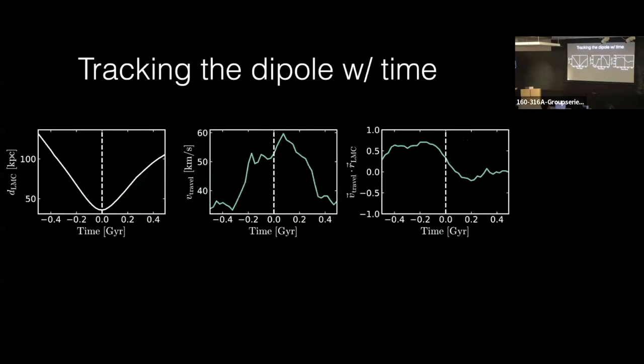So next, we took a look at tracking this same interaction with time. On the left, that's just the orbit of the LMC analog. It has a pericenter just slightly below 50 kpc. In terms of the dipole signal that you measure, this is something like that limiting dipole I was showing earlier.